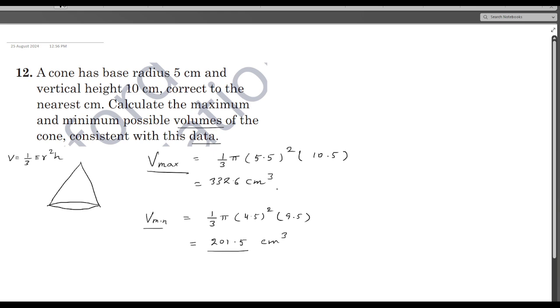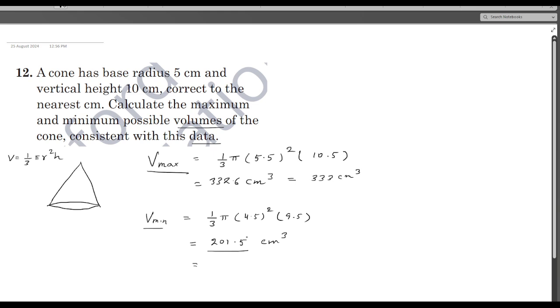So you can see that if your radius and height are correct to the nearest centimeter, your maximum volume will be 332.6, whereas your minimum volume will be 201. Now this 332.6 will be rounded to 3 significant figures, and it will be 333 centimeter cube, and this will also be rounded.